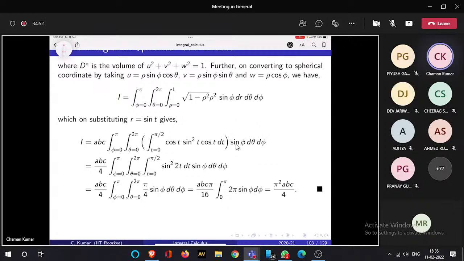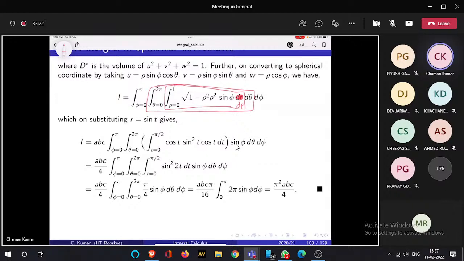Okay, so now you can evaluate this integral one by one. First, with respect to, so there is a typing mistake, this should be d rho. So first with respect to rho, keeping theta and phi constant, then the second integral you can evaluate with respect to theta.